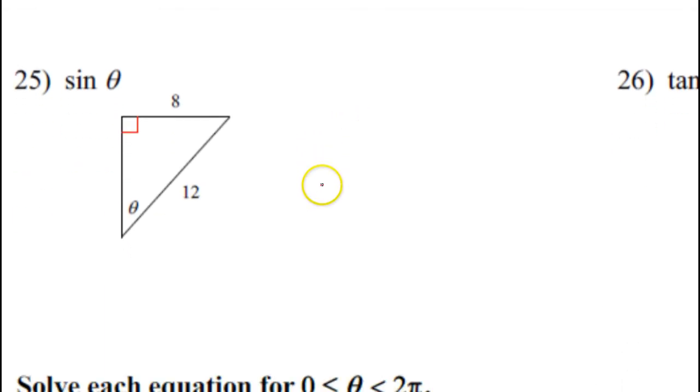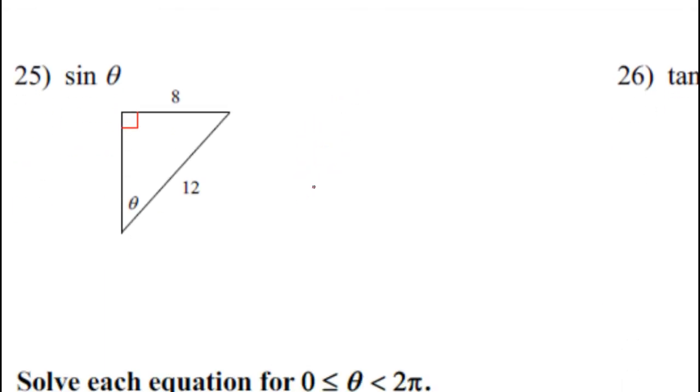All right, let's take a look at number 25. Yes, sine is opposite over hypotenuse. So we don't actually need to find the other side this time. We can just go straight to the answer pretty quickly.